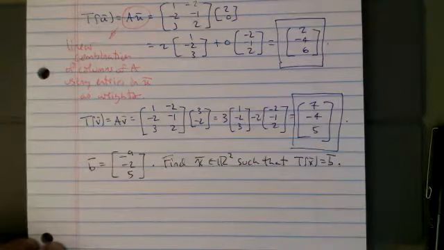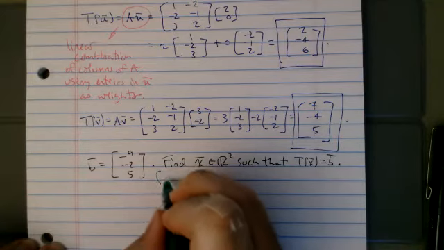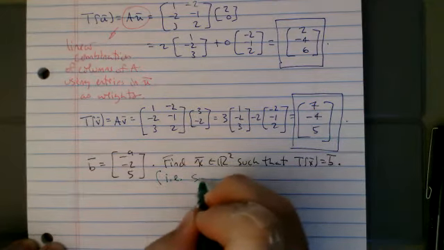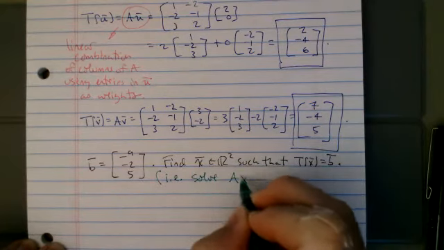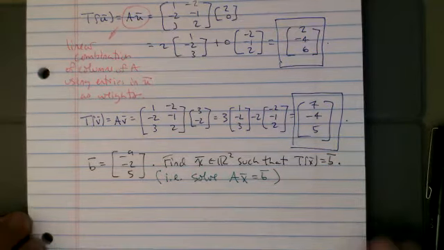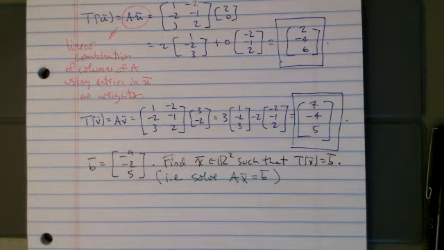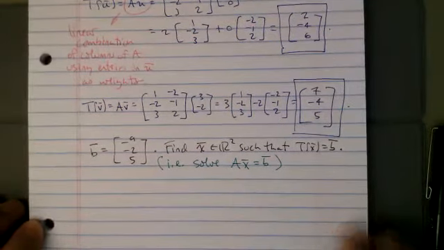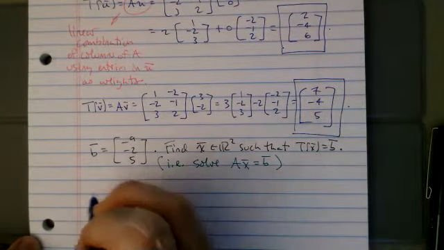This would be equivalent to saying solve AX equals B. And now this transformation business starts to look like stuff that we've done before. If we're here to solve a matrix equation, we'll use an augmented matrix to do so.